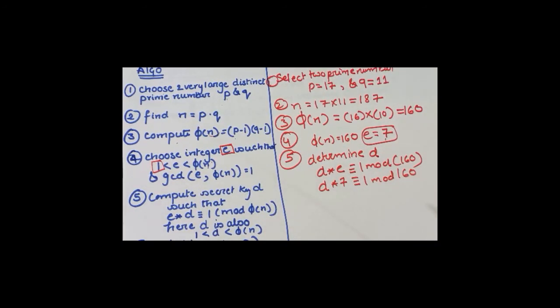So what do I multiply with e to still get 1 as congruency in mod 160? I've already told you how to solve this. Here I will not be going into detail of solving this congruency. So my answer for d is going to be 23. In case you have doubt, please go through my earlier videos wherein you will find out how to solve congruency.